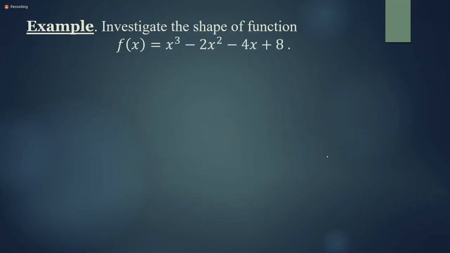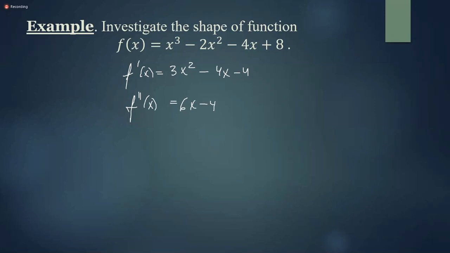Some examples. How do we use the second order derivative to investigate the shape of the function? The first derivative is 3x squared minus 4x minus 4. The second derivative is 6x minus 4.